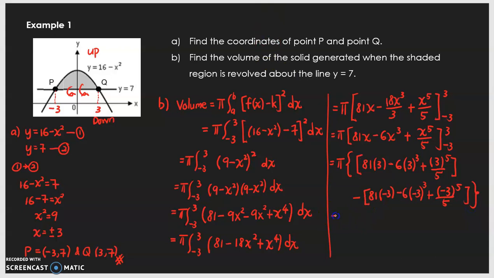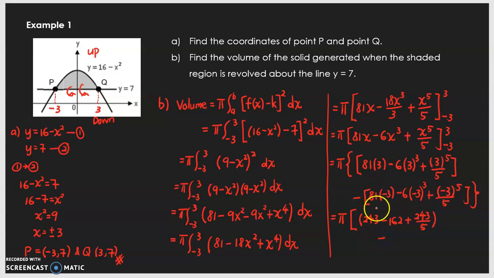Then I try to simplify pi. So the first part, 81 times 3, which is 243, minus 27 times 6, so this is 162, plus 3 power of 5, 243 over 5. This is the first part.